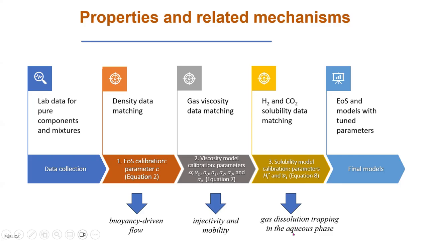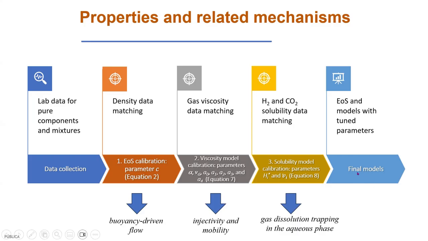So it's important to model how much of your hydrogen can go into the aqueous phase, in order to represent the geochemistry between the hydrogen in the aqueous phase and the minerals or other gas.